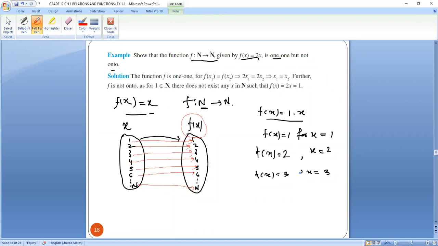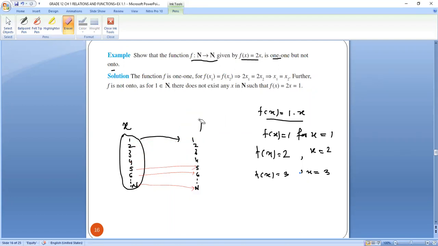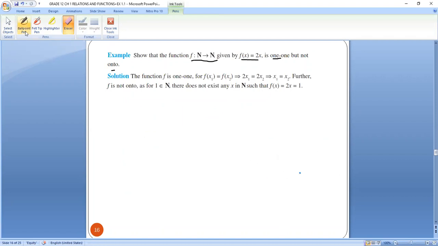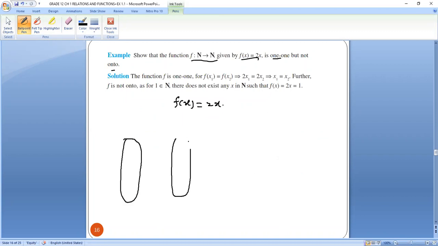Now after that we will discuss this example, which is the example from your book. f is a mapping from N natural numbers to N natural numbers. You have to check if the function f(x) = 2x is one-one and onto, right? So we will check. f(x) = 2x. We will make two diagrams so it is easy to understand with the help of an arrow diagram.